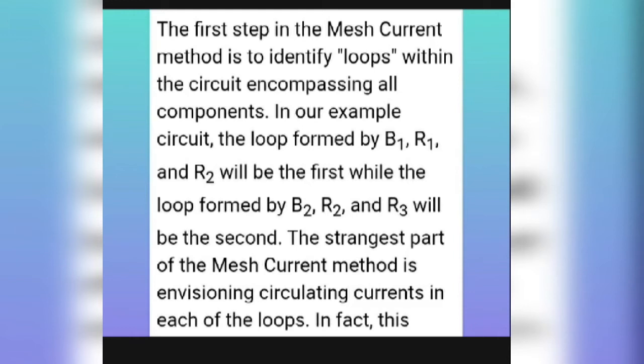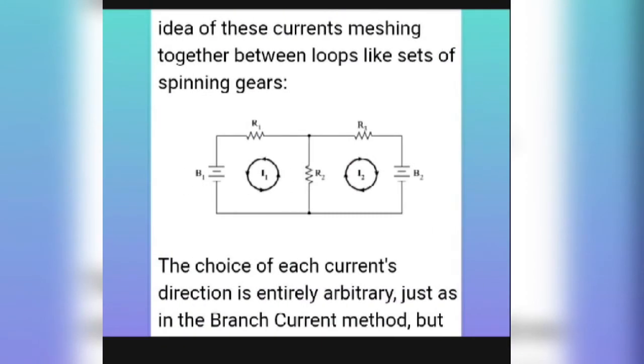The branch current method has currents running in the branches, but the mesh current is the current circulating around each loop. The idea of these currents meshing together between the loops is like sets of spinning gears: one gear runs and then moves the other gears, working like a gearbox to complete the loop.